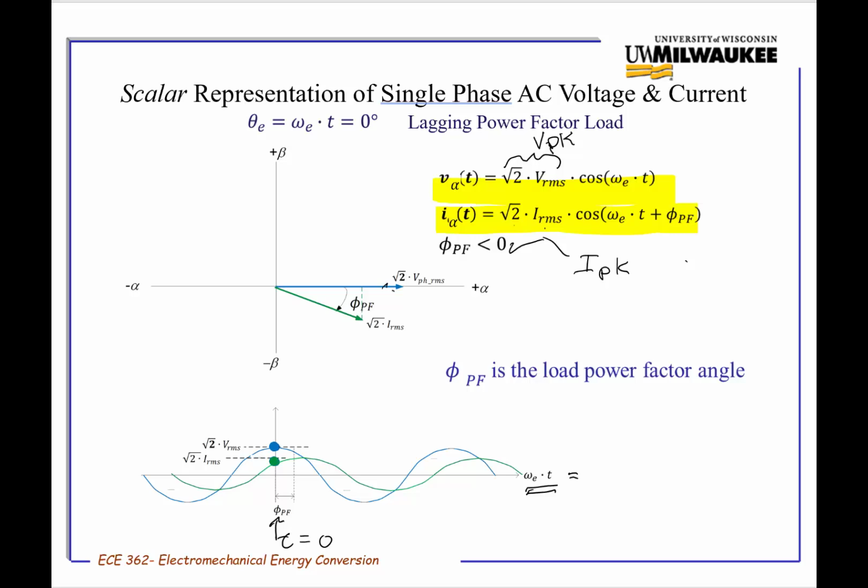That's the same thing as saying an electrical angle, theta e. And so you could make your equations look a little simpler here and just say cosine of theta e, and this could be cosine of theta e plus phi power factor.